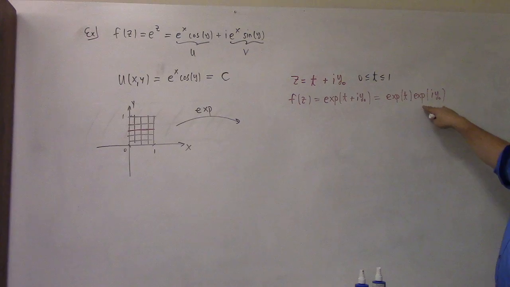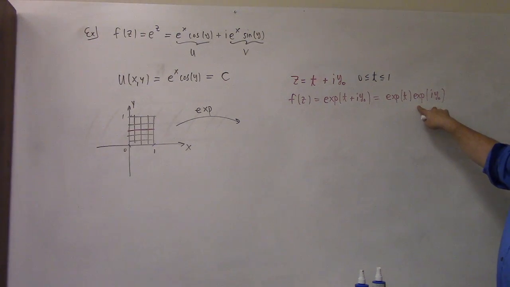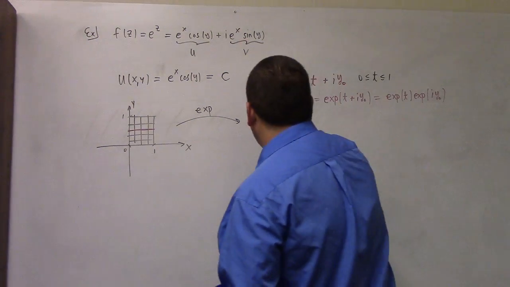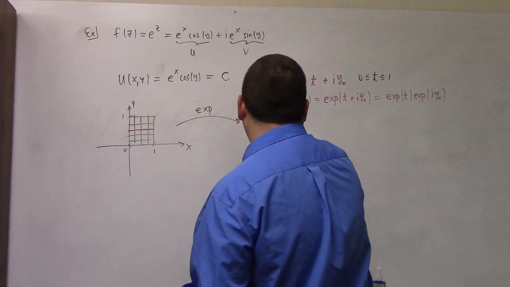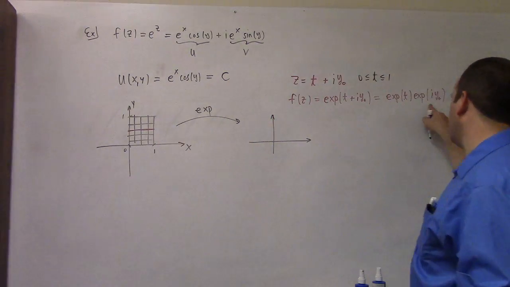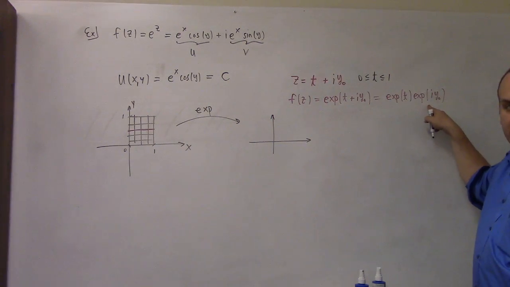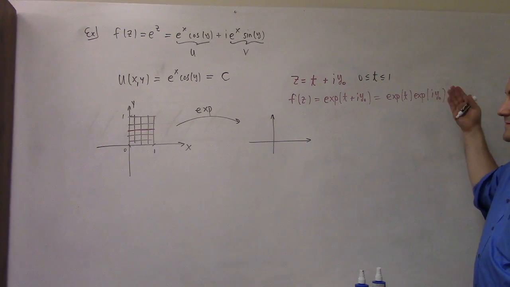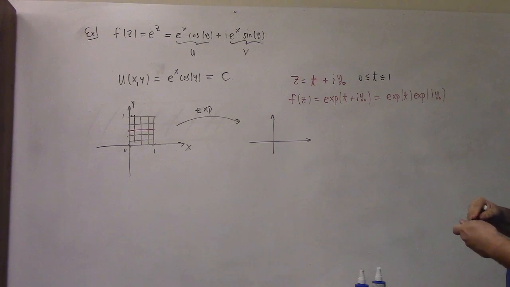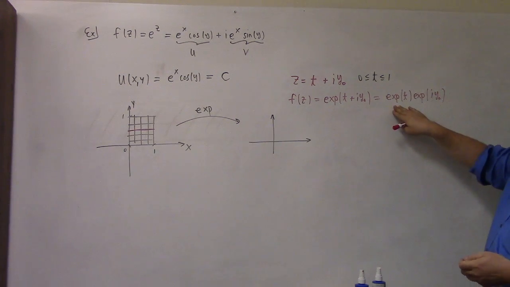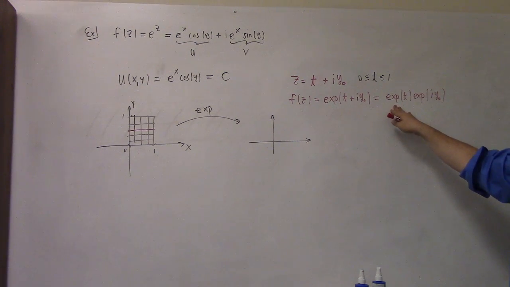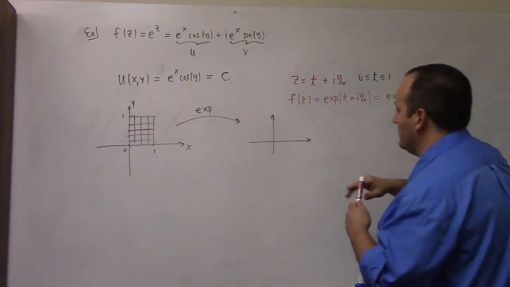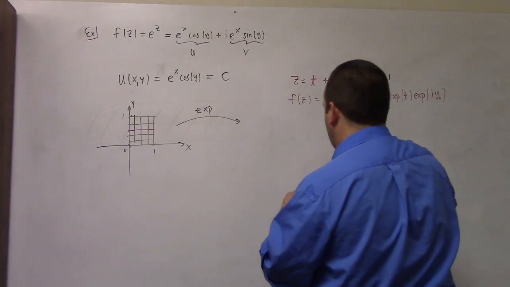What's it look like? Well, this is a particular direction over here, right? What's this? This is just some unimodular complex number. It's a unit vector in the direction, well, it has angle y naught actually. And the exponential goes from 1 out to e. Poor planning on my part.